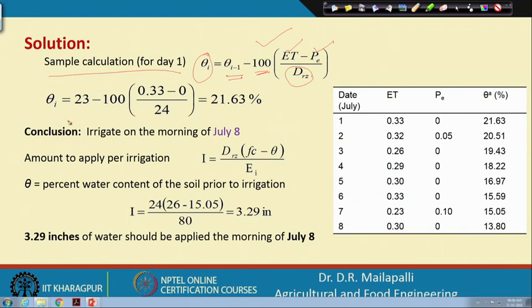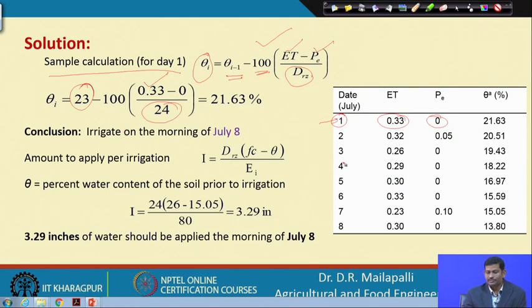The initial moisture content just before day 1 is 23%, and ET on that day is 0.33, precipitation is 0, and root zone depth is 24. If you do this math you get 21.63. So the soil moisture on day 1 is 21.63.